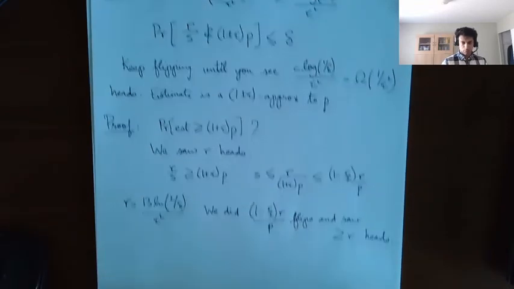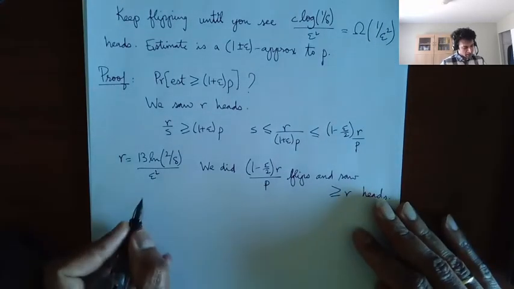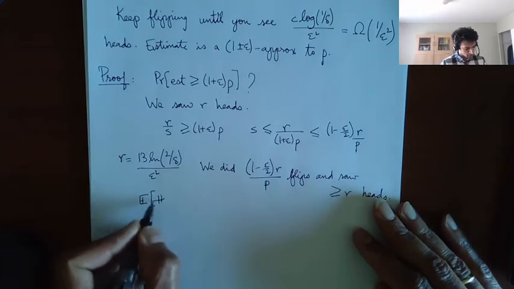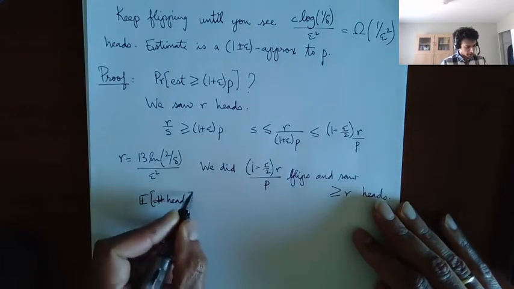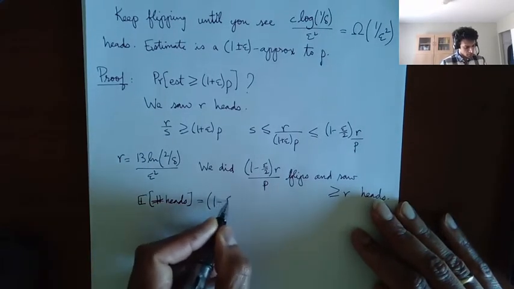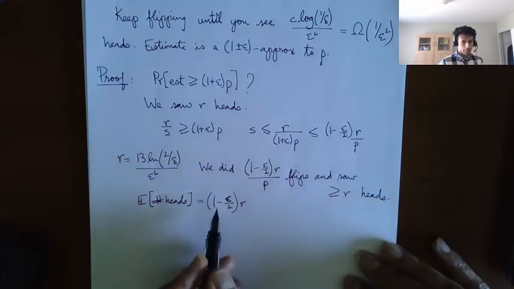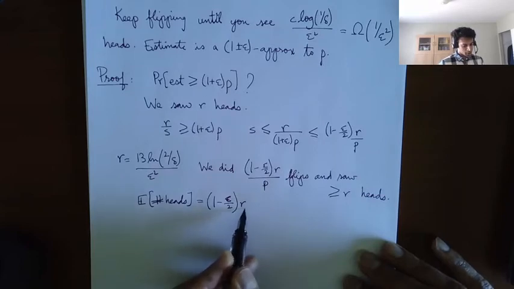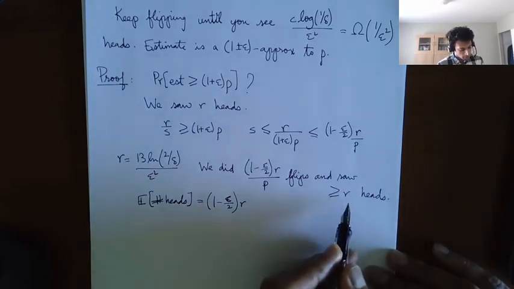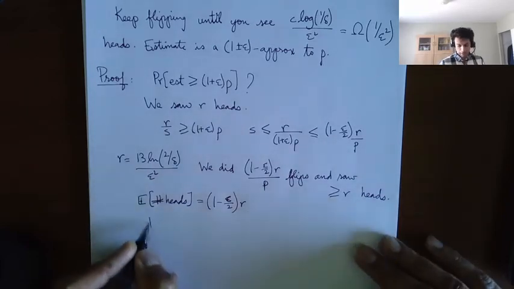Okay? Because we know that the expected number of heads is this. The expected number of heads is (1 minus epsilon over 2) times r, but what we saw was more than r heads. So now we can apply the Chernoff bound.